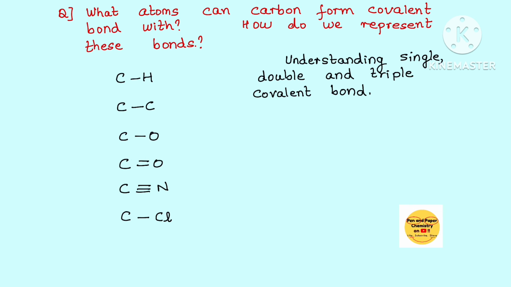Nitrogen, chlorine, sulfur. There are so many examples of atoms which can form bonds or friendships with carbon. How do we represent these bonds? As I have explained above, through single, double or triple lines in between the atoms which are involved in sharing of the electrons.